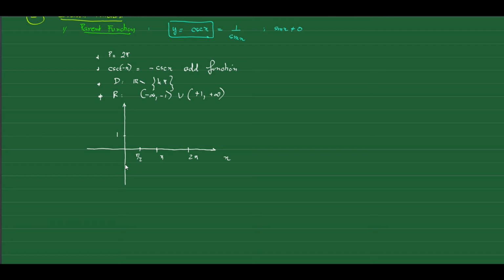This is 1 right here, and this is -1. This is the sine function for one period, and the vertical asymptote will be right over here.